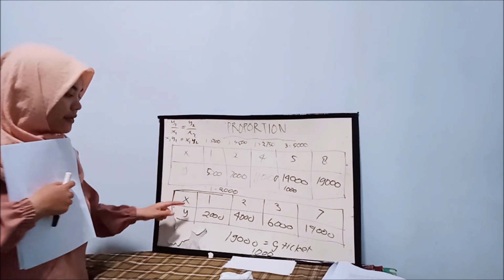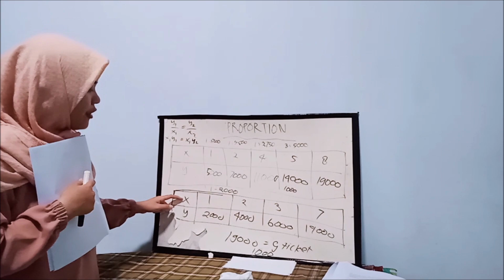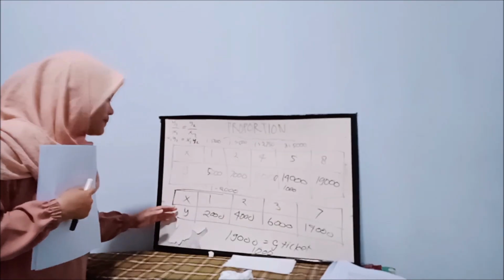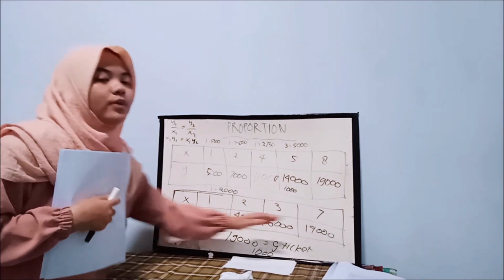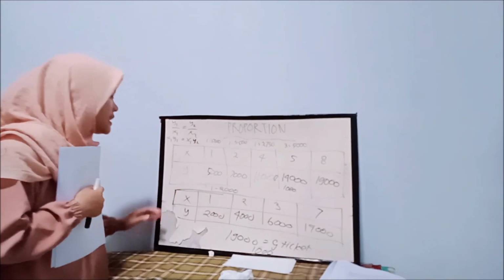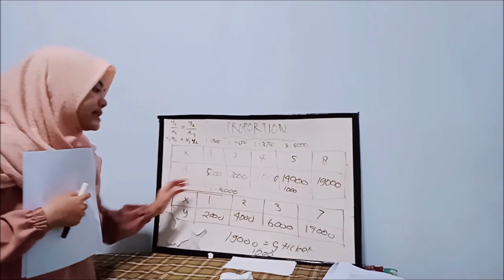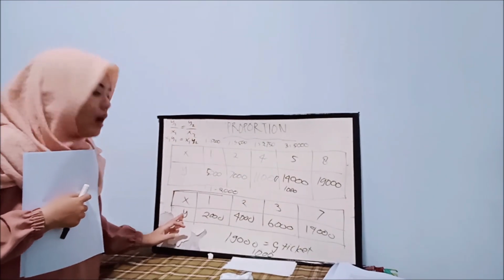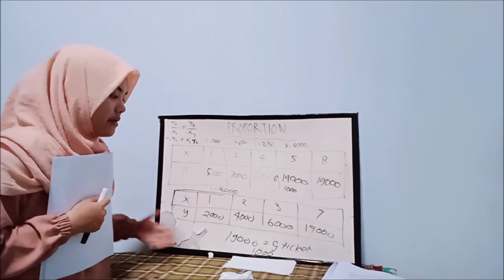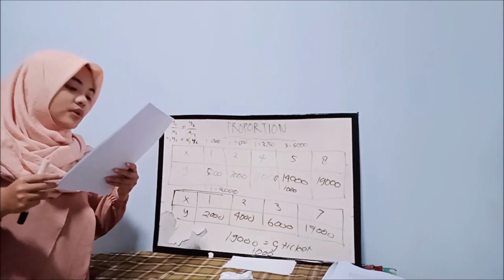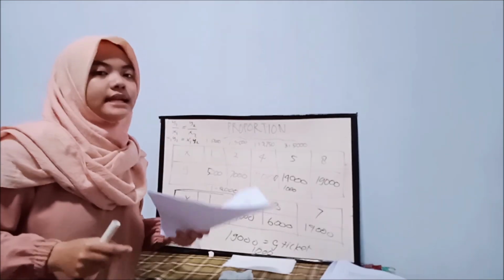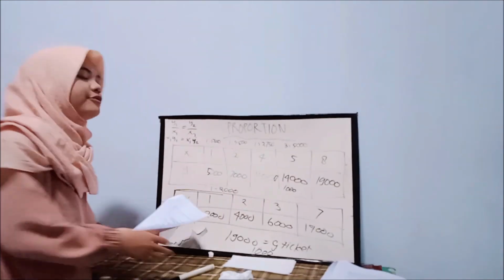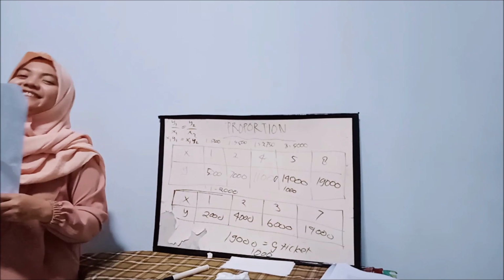And if the value of x is increased, the value of y will increase also. But if the value of x is decreased, the value of y will also decrease. So that is direct proportion. Thank you for your attention, my friends.